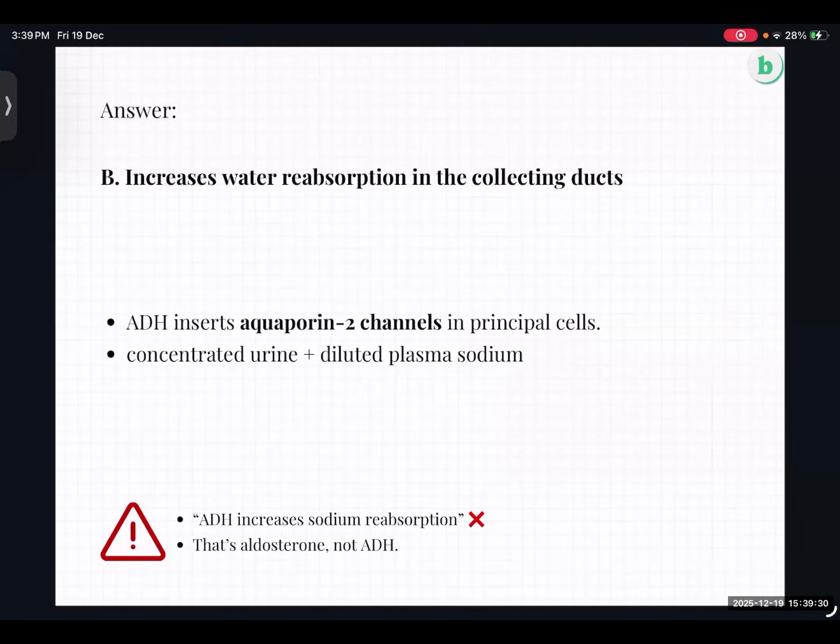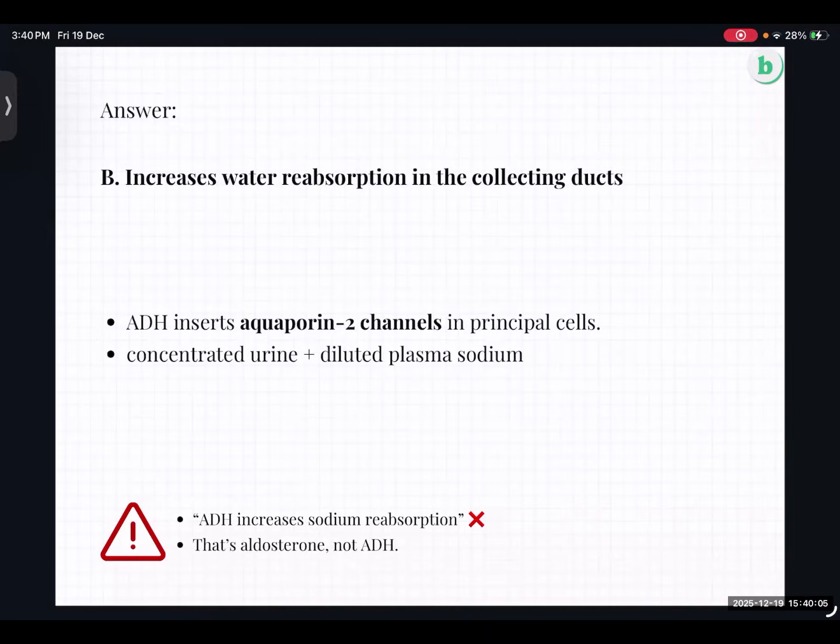ADH increases water reabsorption in the collecting ducts. How is that accomplished? ADH inserts more aquaporin 2 channels in principal cells in the collecting ducts and other areas of our nephron. That allows more water permeability and helps our nephron reabsorb more water from the luminal space.